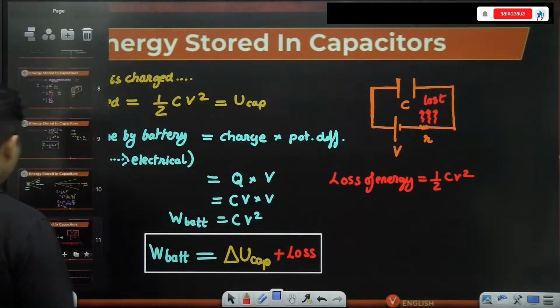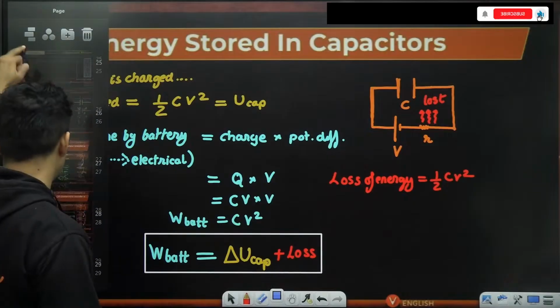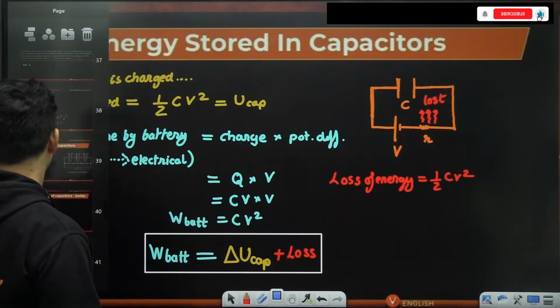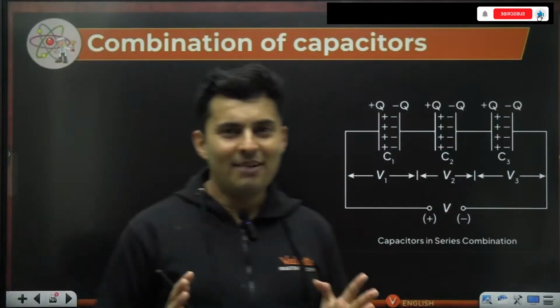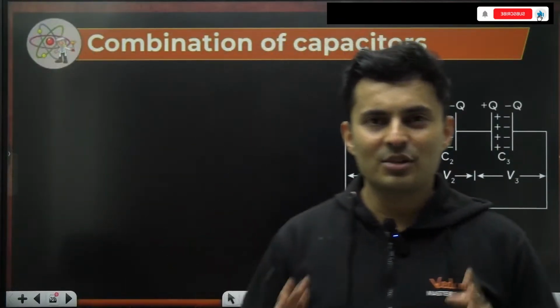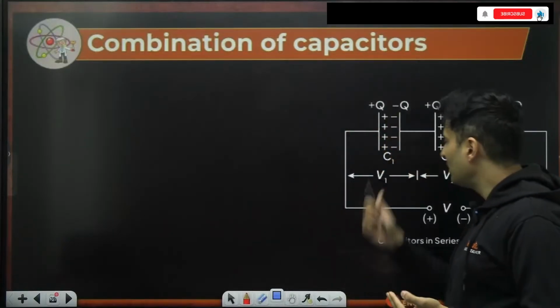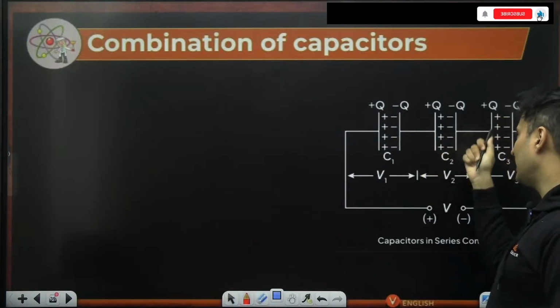Okay, perfect. Now, let's go back to our combination of capacitors. You have multiple capacitors arranged one after the other, and the one terminal is attached to the next terminal, attached to the next terminal.